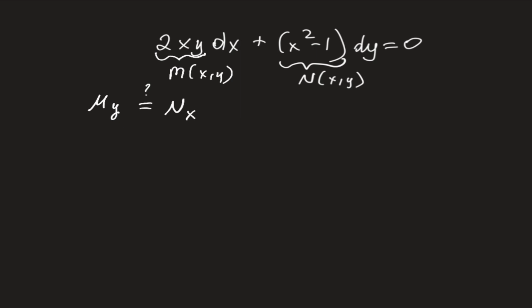So first, the partial derivative of M with respect to y. Remember, when we're finding a partial derivative with respect to y, we're going to treat x as a constant.